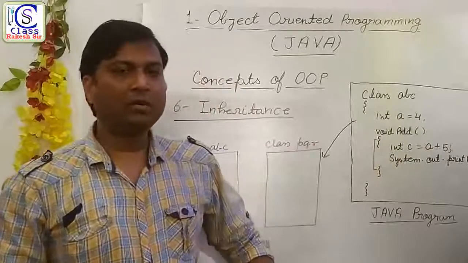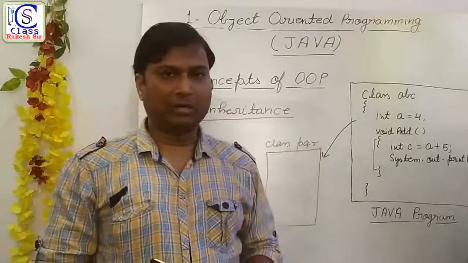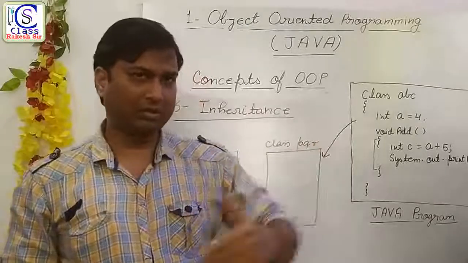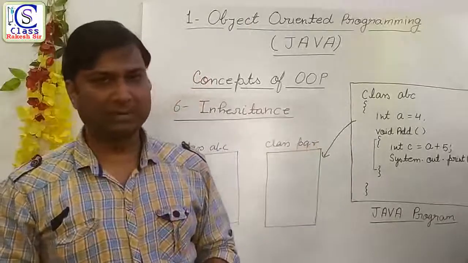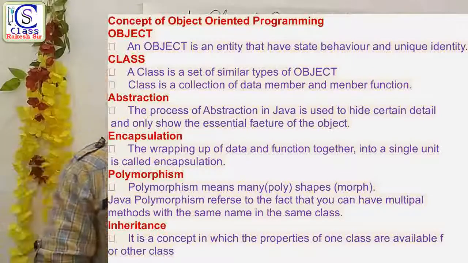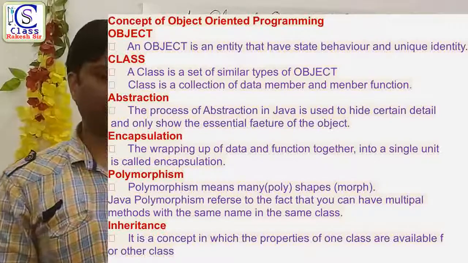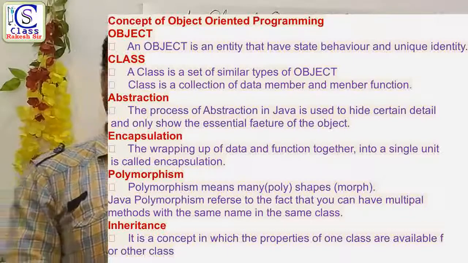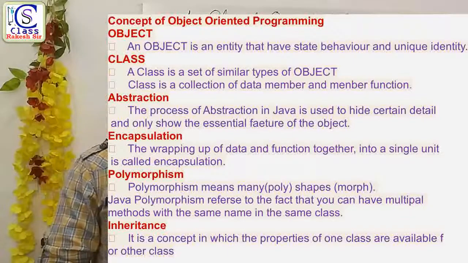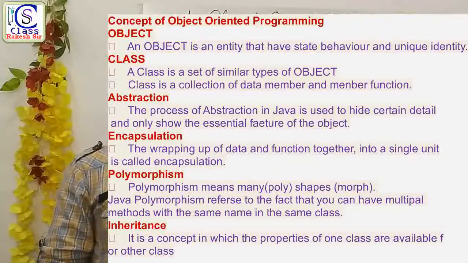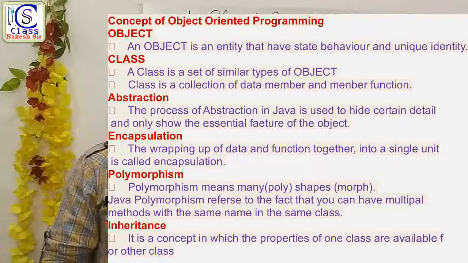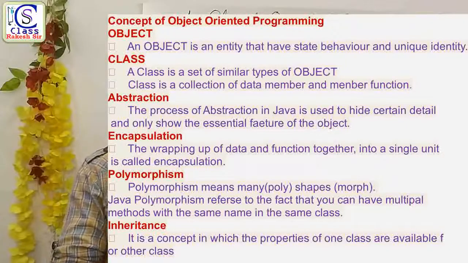Now I am going to give a short overview of all the concepts of the object-oriented programming structure. In total there are 6 different types of object-oriented programming concepts. The first one is object. An object is an entity that has a state, behavior and identity.